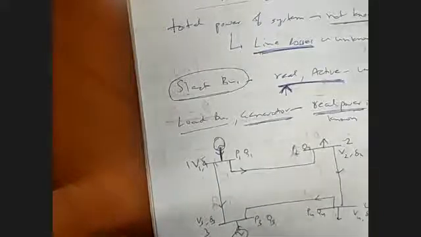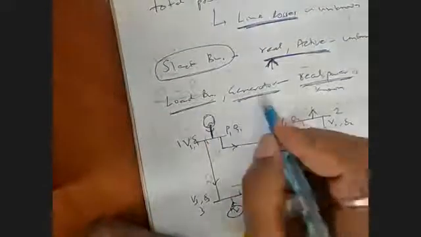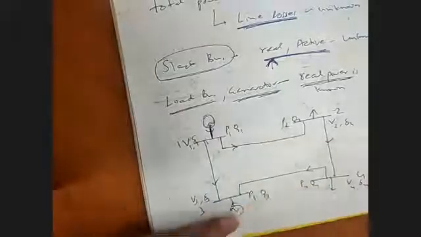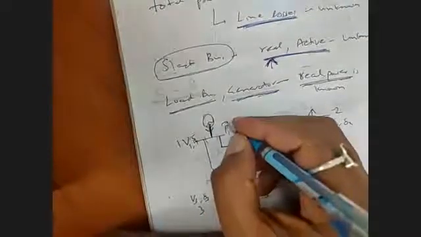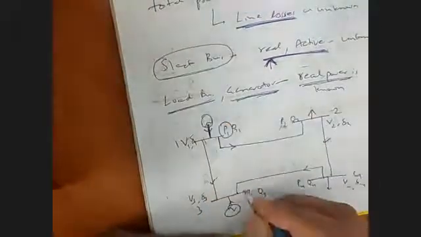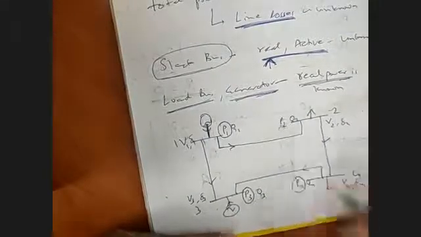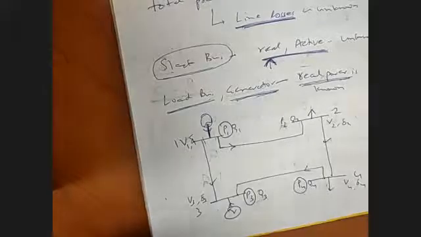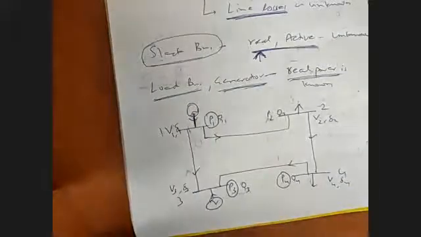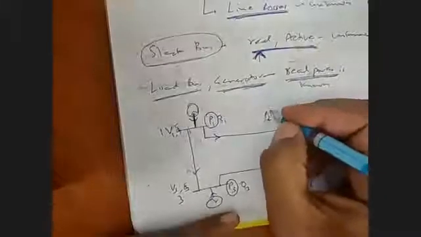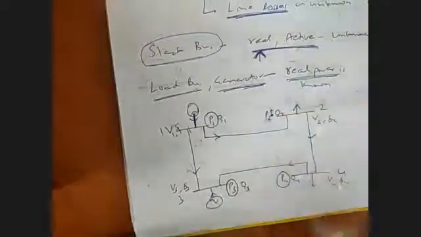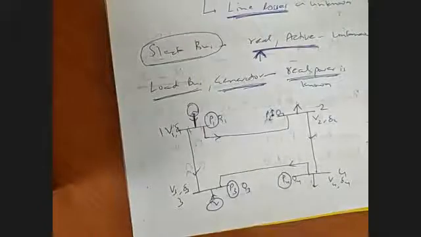So at load buses and at the generator buses, P is fixed. So that means here P is fixed, here P is fixed, and here P is fixed. So we have to take one bus as a slack bus, which will have P as a variable quantity.